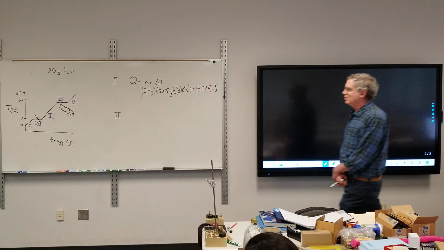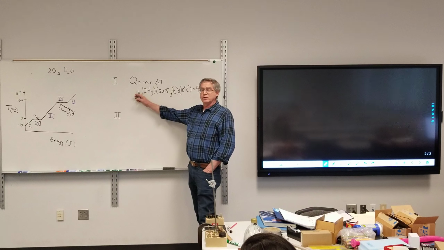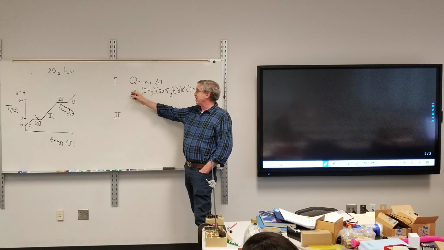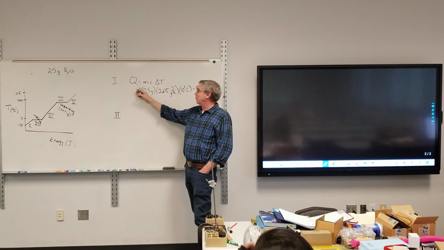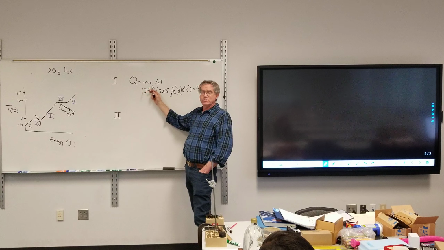The first one, what is that formula for again? This is if I'm changing the temperature of a substance, it's the amount of energy it takes in order to change the temperature, given the mass of the object, the 25 grams, and what's known as the specific heat, which is a material dependent concept.